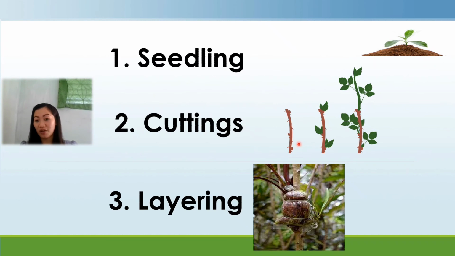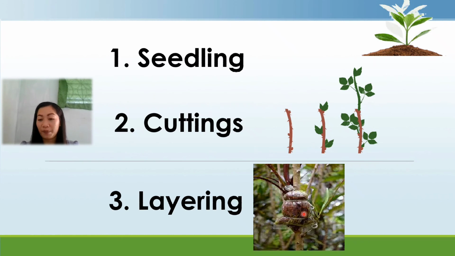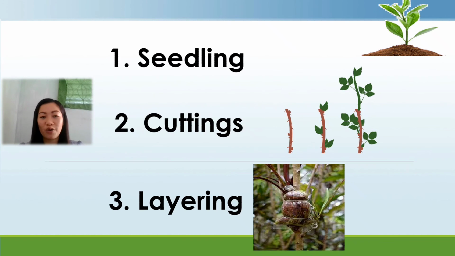We also have layering: we layer the same plant, wait until it grows roots, then cut it and put it in the soil to grow.